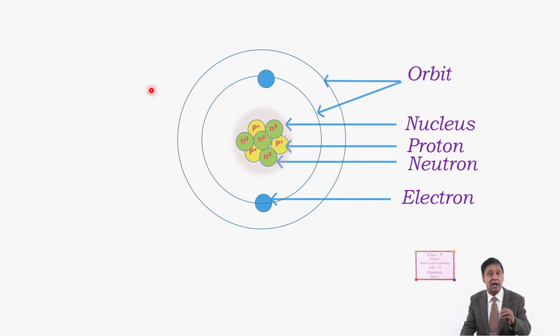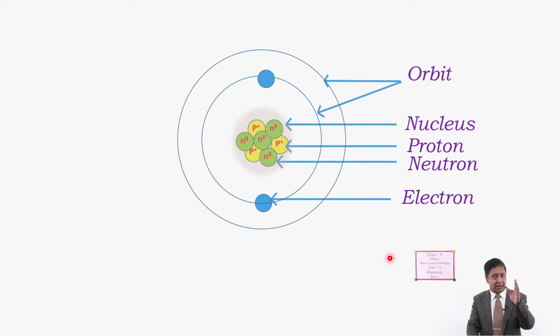Because of this, this atom becomes positively charged. Electricity is produced. Not only one atom, the atoms of the object become positively charged and the whole object becomes positively charged. This way, the object becomes electrically charged, electricity is produced.